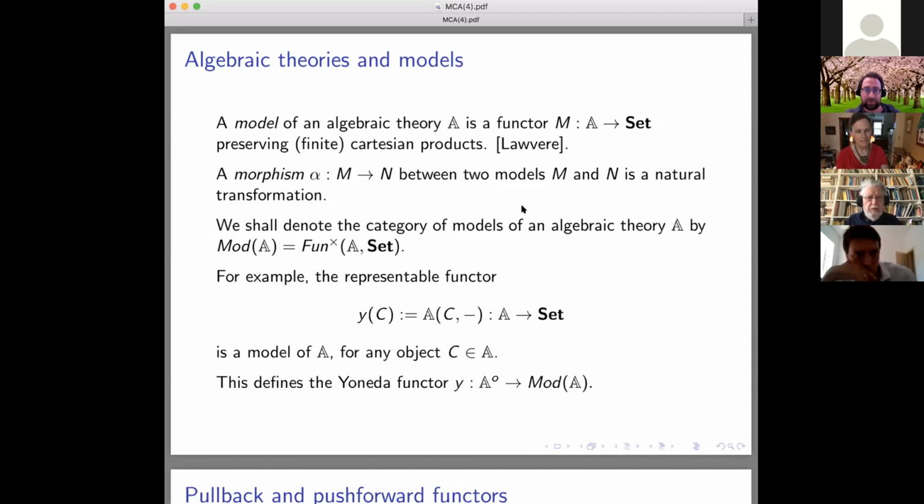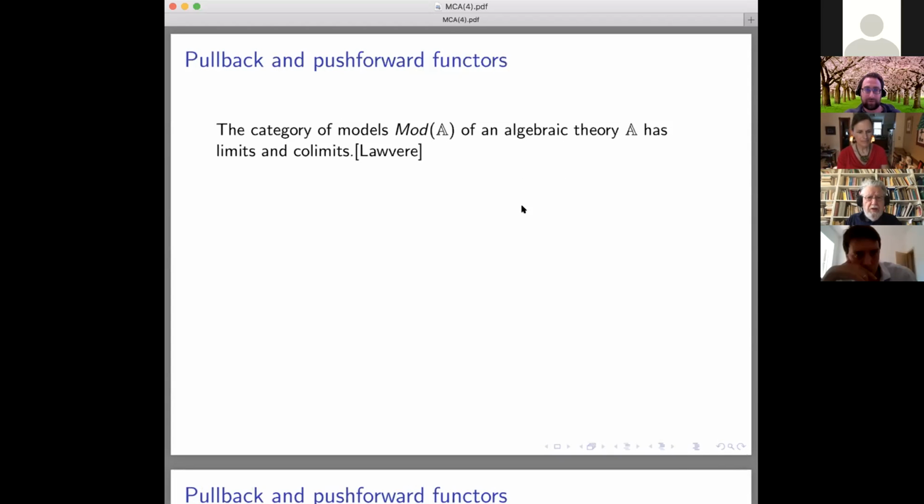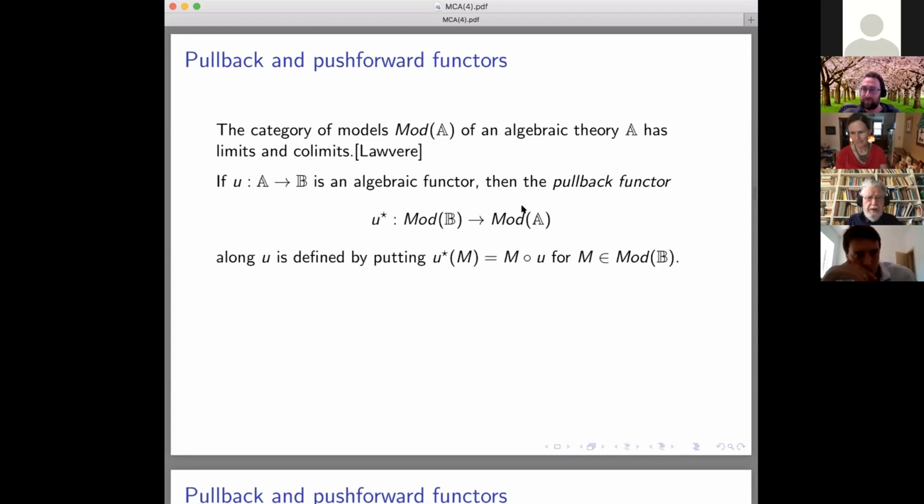Okay, so now I recall that the category of models of an algebraic theory A has limits and colimits. And also, if you have an algebraic functor between two algebraic theories, you can use it to pull back a model of B to a model of A just by composing with U, and you get the pullback functor, or the restriction functor.